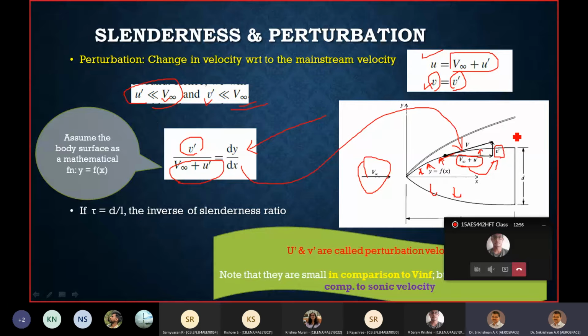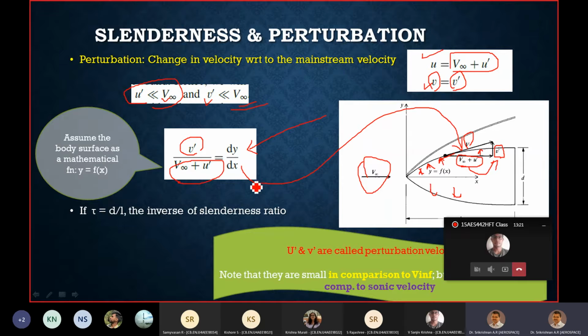You have v infinity plus u dash on one side, and v dash on the other side. This velocity is the velocity downstream, so the resultant velocity. With this, we can relate that v dash by v infinity plus u dash is the slope of the surface.